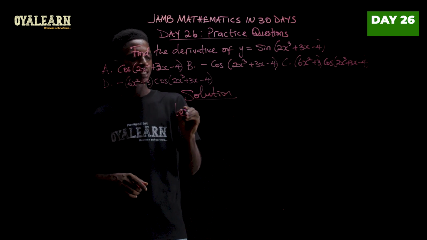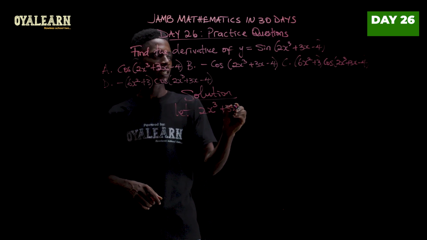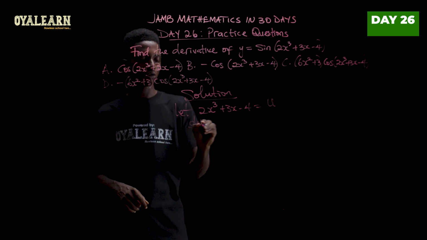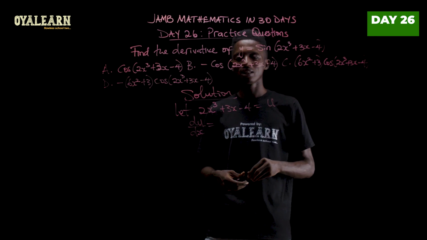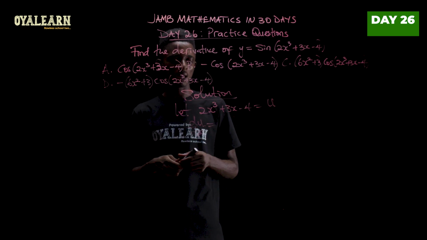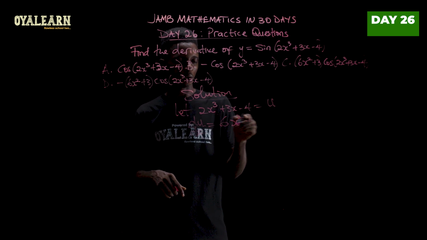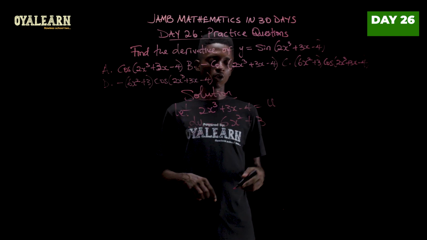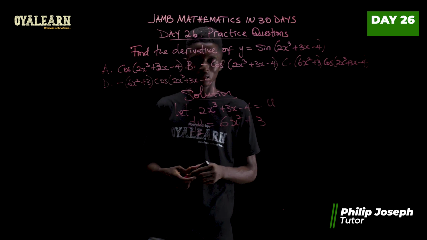We say let 2x cubed plus 3x minus 4 equal u. Then du/dx: let's find the first derivative of u. 3 comes down, 3 times 2 gives 6, x to the power 3 minus 1, that's 2, plus the derivative of 3x, which gives 3. And the derivative of a constant is 0. So du/dx is 6x squared plus 3.